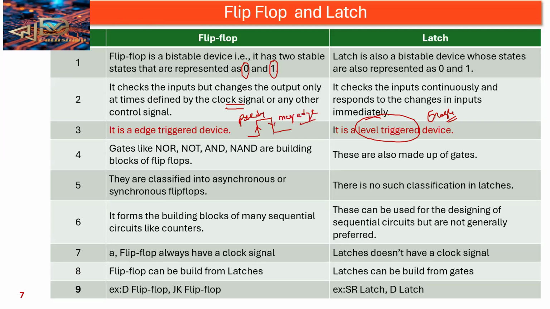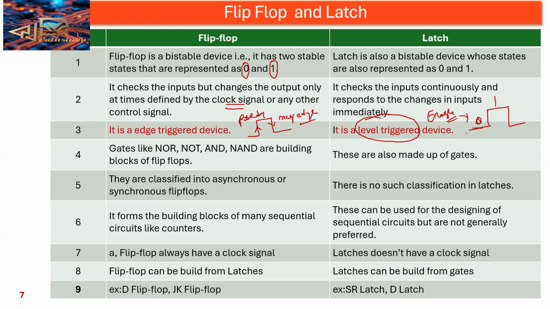Based on the edge, it works. Here it is not like that; with the enable signal, it works at the level only. It checks the inputs continuously and responds immediately to changes of the inputs, whenever we give 0 or 1.